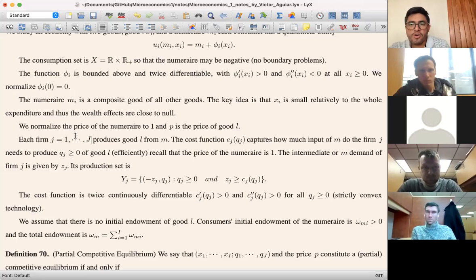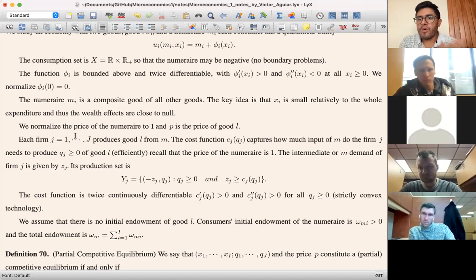It contains every other good that is not corn. So of course, in this very simple model, we just have one input, right? So given this single input, each of these capital J firms produce units of corn, okay? Everyone understands that? Now, to model the technology of these firms, given that it's so simple, one input and one output, we are not going to need the full force of the production set.